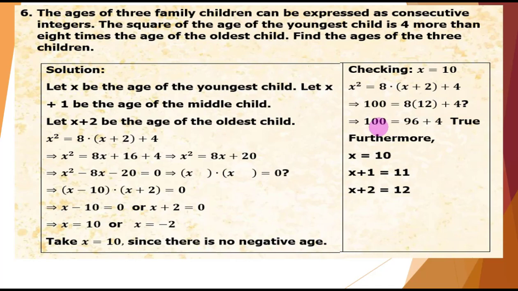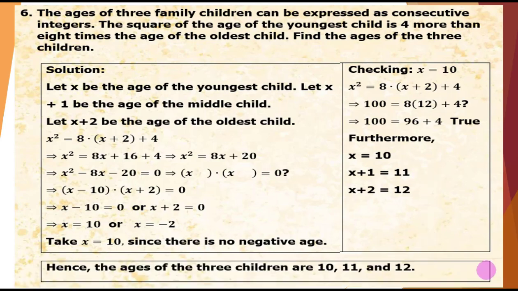Then 100 is equal to 96 plus 4, which is a true statement. And then, of course, the youngest child is 10, the middle child is 11, and the oldest child is 12. Hence, the ages of the 3 children are 10, 11, and 12.